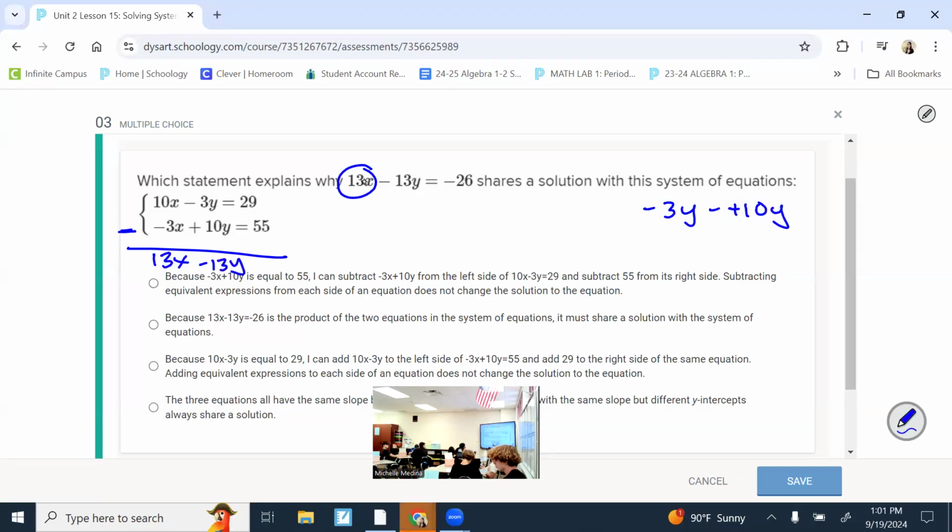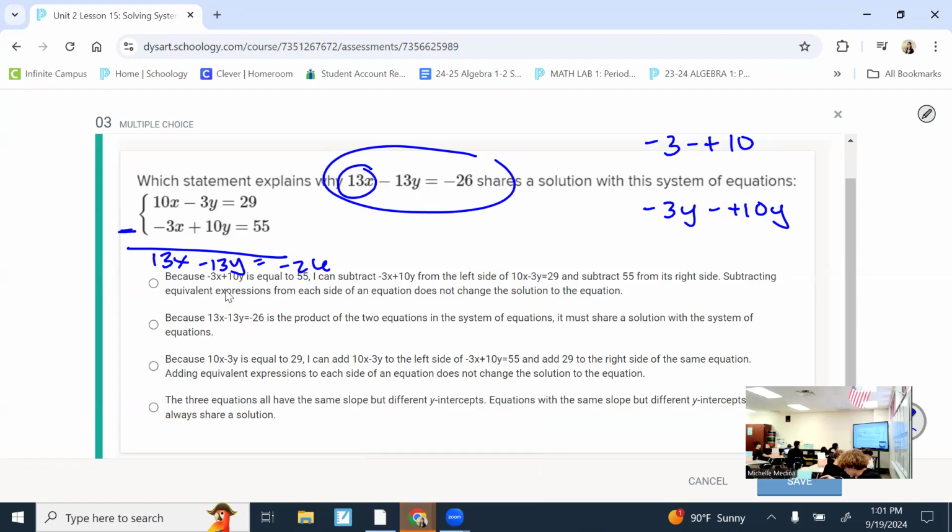And you can use your calculator to work out the numbers, just not the letters. Just leave the letters off and make sure to reattach them when you're done. All right, and then 29 minus 55 is negative 26. So they had to subtract to make this an equivalent equation with the same solution.